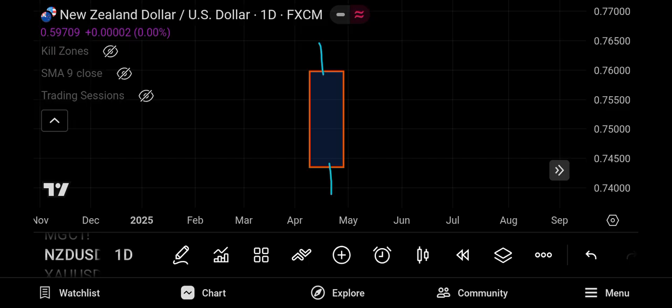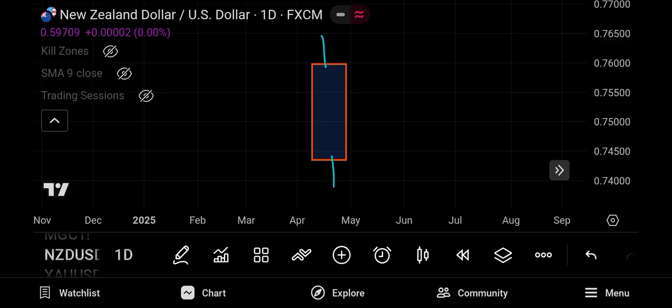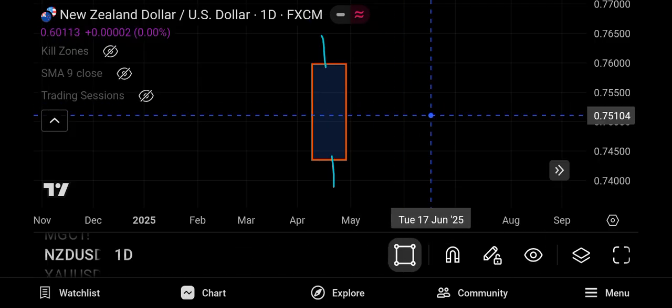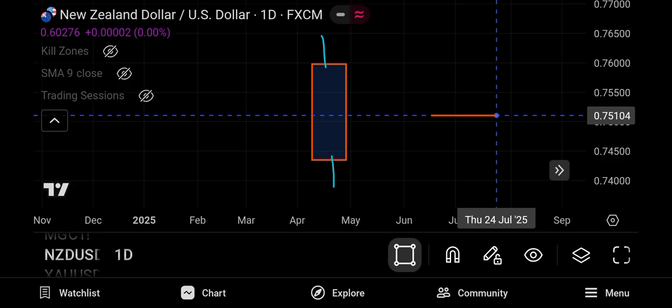We have a bearish candle and a bullish candle. A bearish candle is a candle that closes below its opening. So in trading, we have the opening and closing of a candle. A candle starts out something like this, just a straight line.